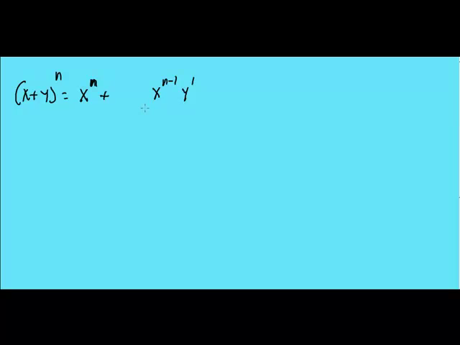I'm going to leave a little space here for my coefficients. I'm going to write those in factorial notation. My next term, my x will be n minus 2, and then y will have a power of 2.